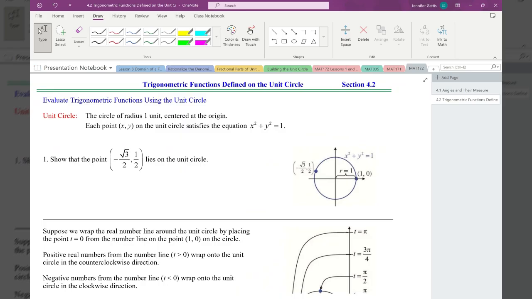And every point (x, y) on the unit circle satisfies the equation x squared plus y squared equals 1. That's actually a very, very important equation, and we are going to see that come back in a little bit here. Okay.